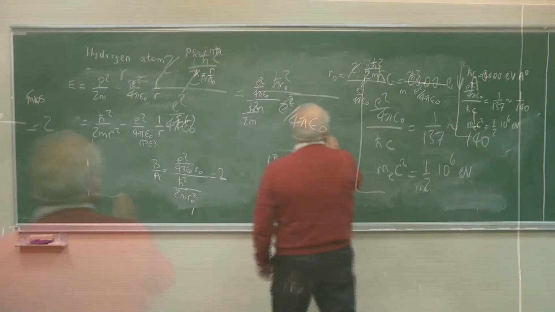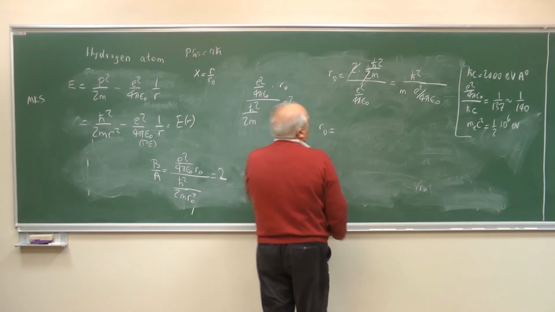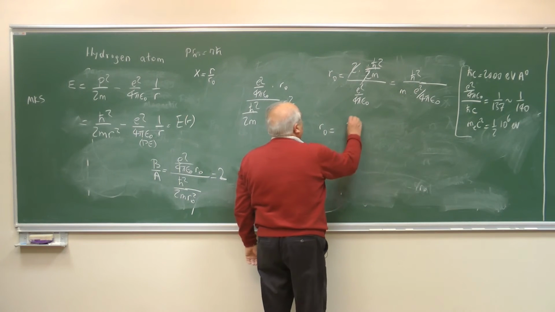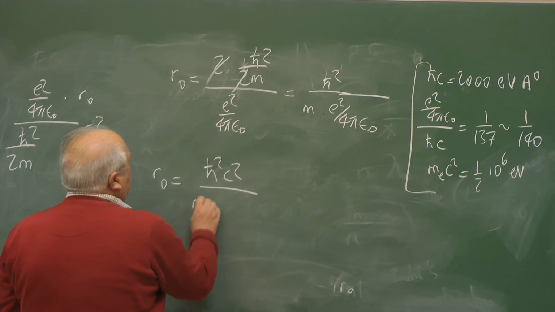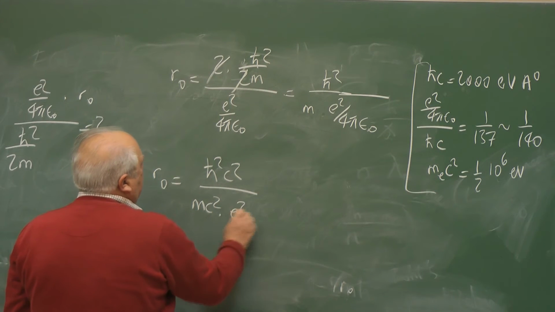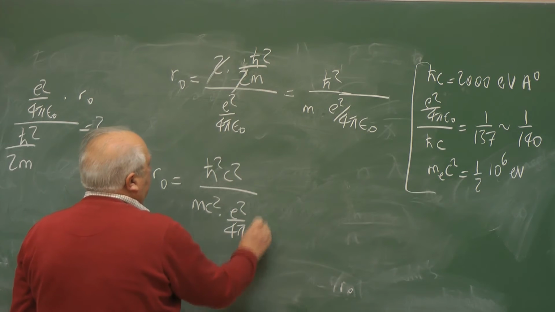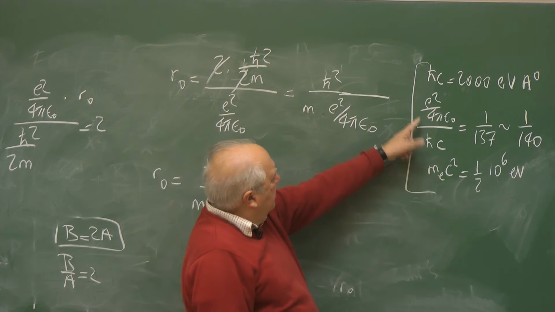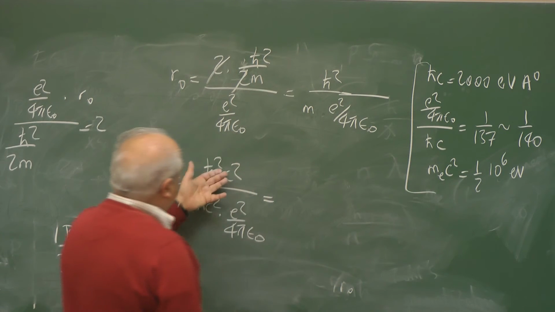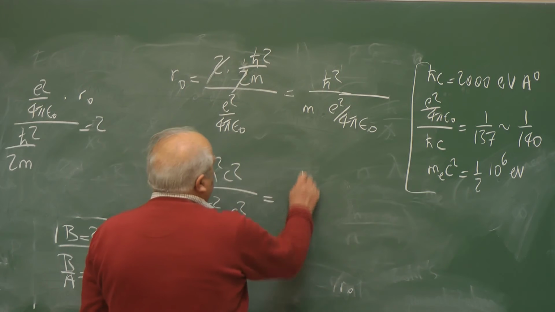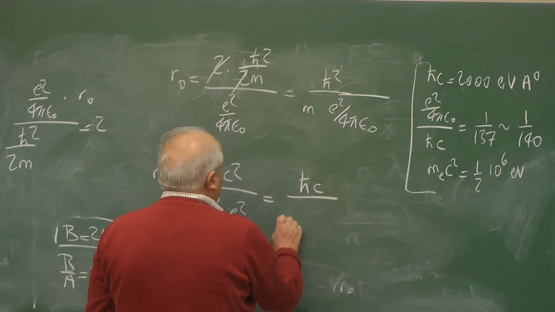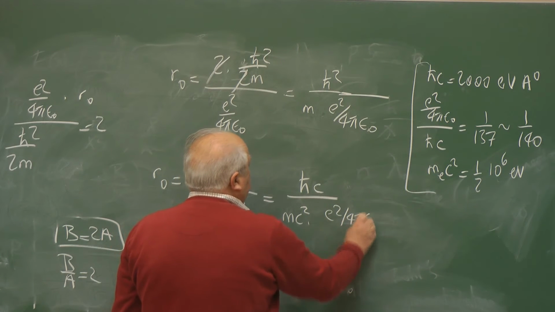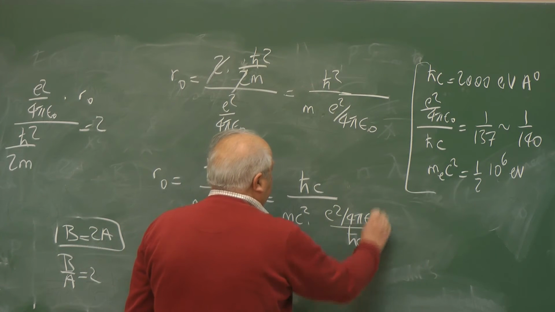So let's use this. R0 equals, I multiply by c square, divide by c square. So it is h bar square c square over m c square times e square over 4 pi epsilon 0. If you look at here, I have e square over 4 pi epsilon 0 divided by h bar c, so I take one h bar c down. So this one remains. I have m c square. Then I have e square over 4 pi epsilon 0 divided by h bar c.